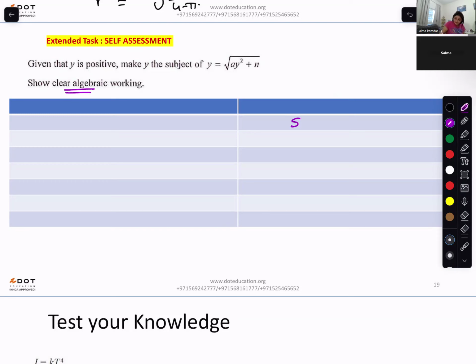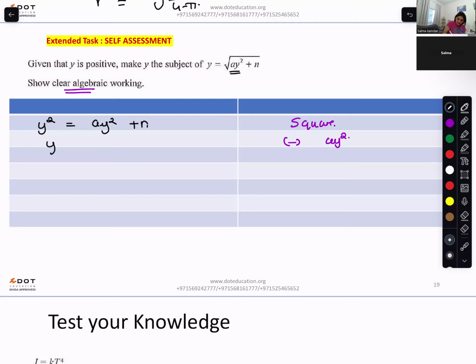First, what will I do? I will square both the sides. So I can free this y. So y square is equal to ay square plus m. Then I want the y terms on one side. So I will subtract ay square from both sides.